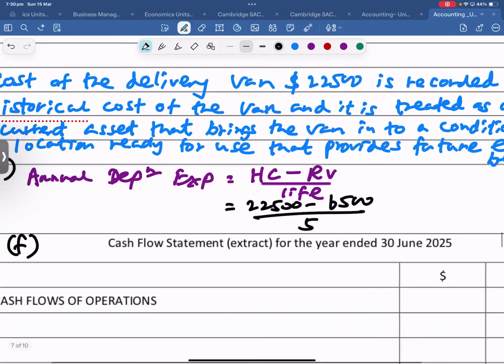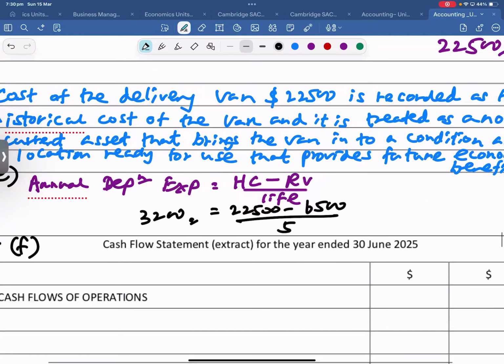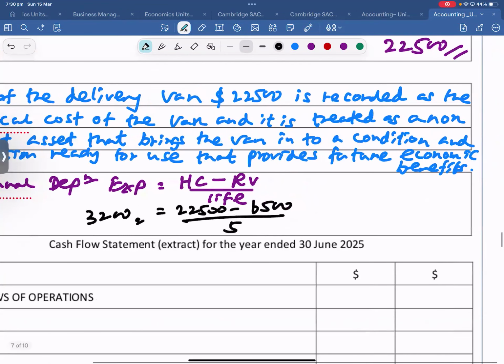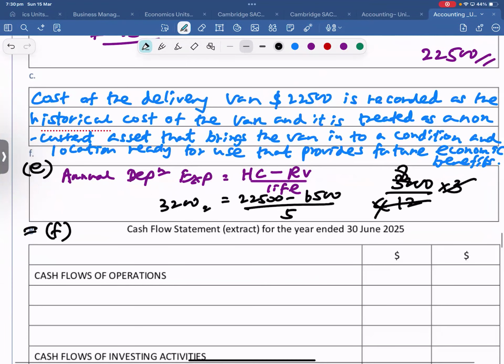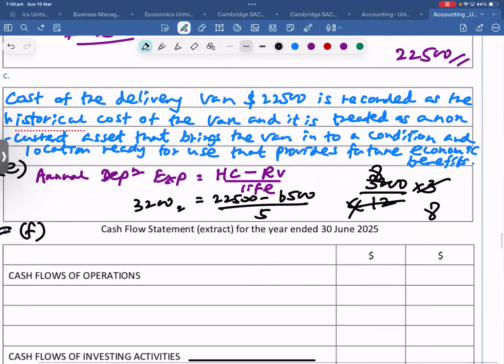So annually is how much? 3,200. So 3,200 for 3 months, you divide by 12 times by 3. So 800 is the depreciation expense.